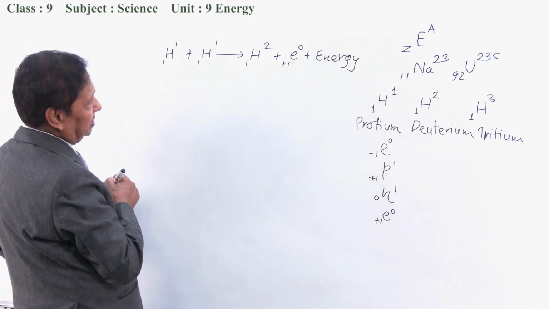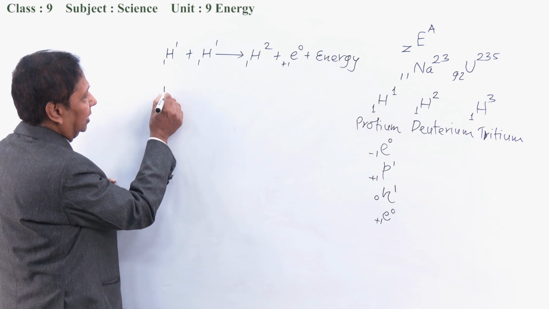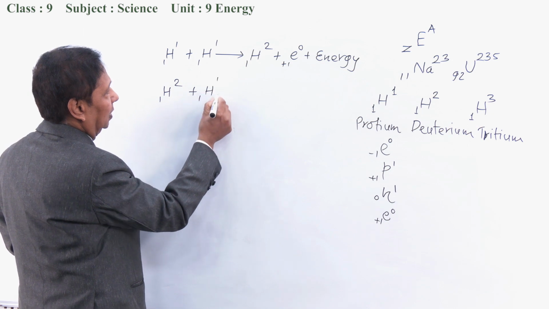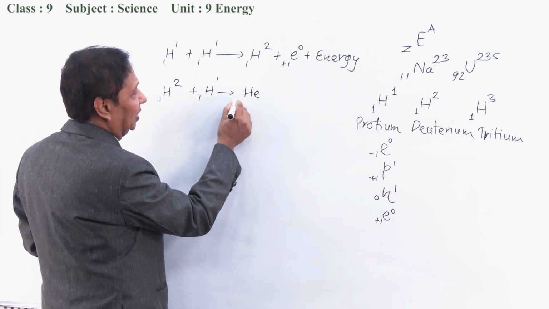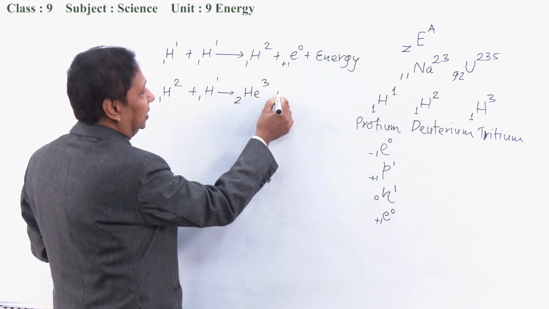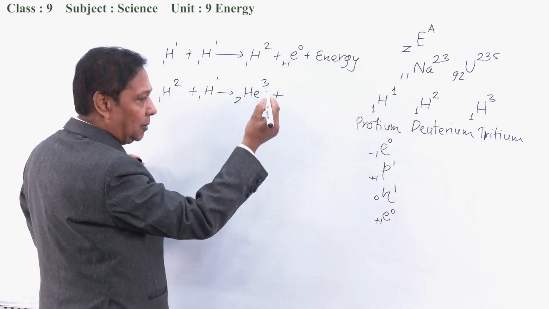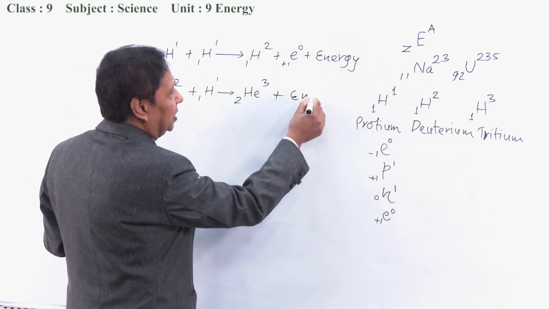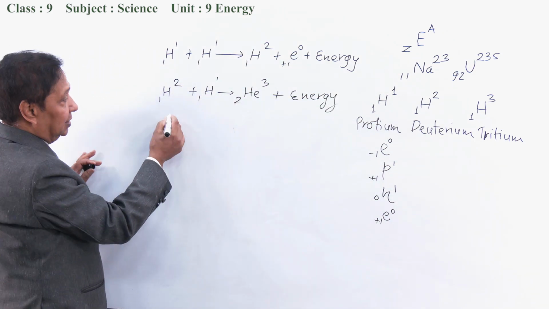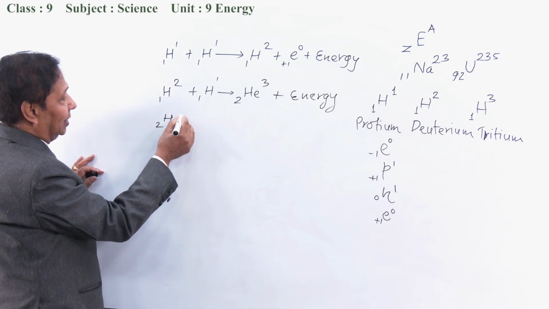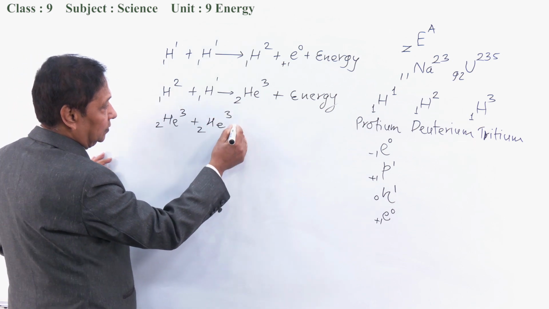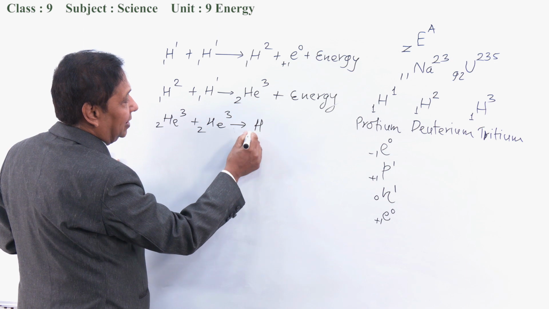And secondly, this deuterium again combines with protium to form light helium. Light helium has atomic number 2 but atomic mass 3, along with energy which may be written in the form of gamma rays, and it produces a tremendous amount of energy. Look at this. And again, in the third step, this light helium combines with another light helium to form normal helium.